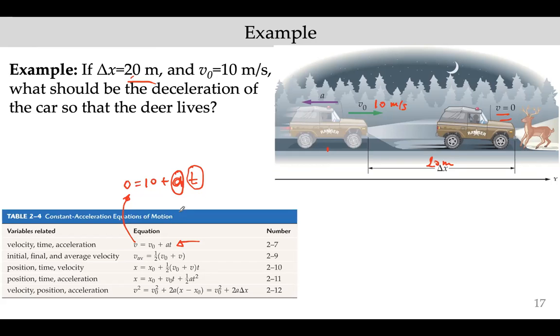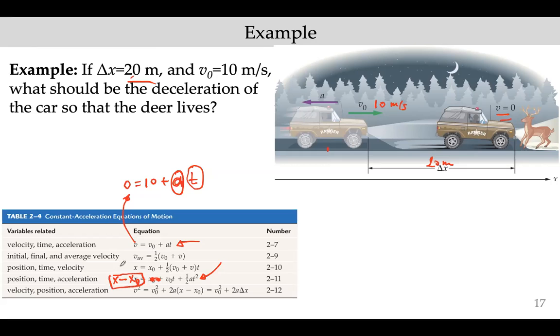So what you can do is use maybe another equation like this. It includes x and x0, so you can put the x0 on the other side to the left-hand side. So you can write it as x minus x0. Let's erase this from here. And this is delta x, right?